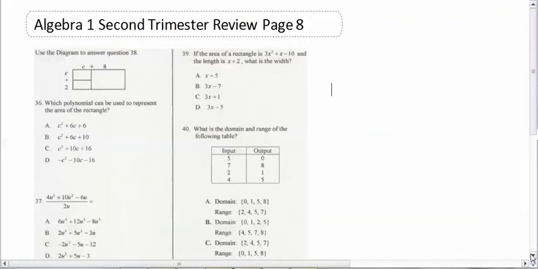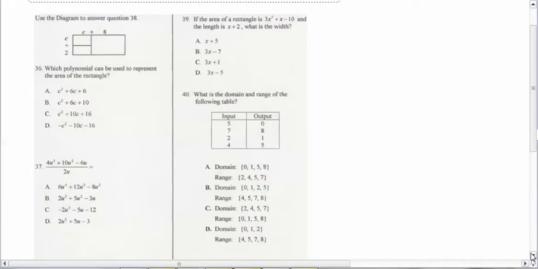Okay, the last few problems here. They use a diagram to answer the question. I'm just going to go ahead and break this into a 2 by 2 box. They already kind of did it for me, so it'll make it easy. I'm going to multiply c plus 8 times c plus 2. So c times c, c squared. C times 8, 8c.